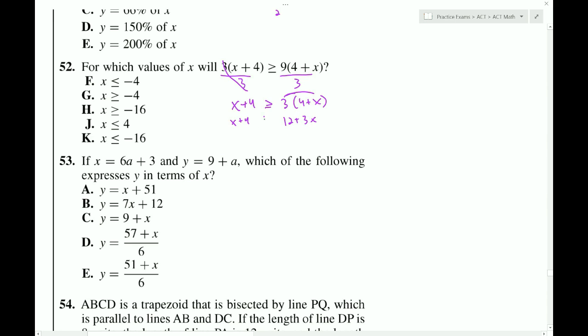Then I'd better subtract the x this way. Then I would get 2x, and then I could subtract 12 this way, and I would get negative 8, and then I could divide by 2. So I get negative 4 greater than or equal to x. And if I pancake this thing, I'll get x less than or equal to negative 4.